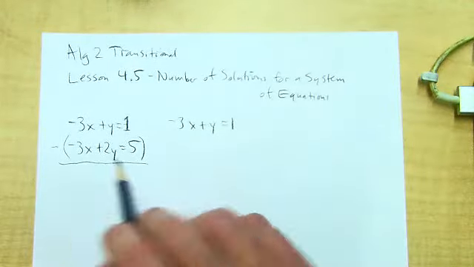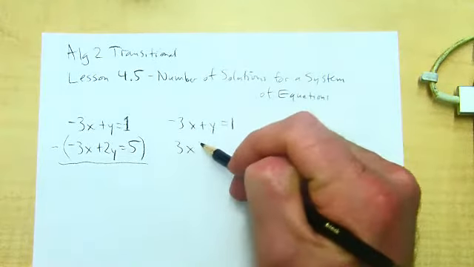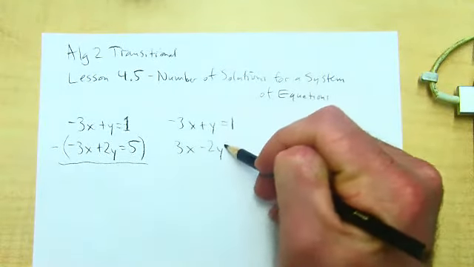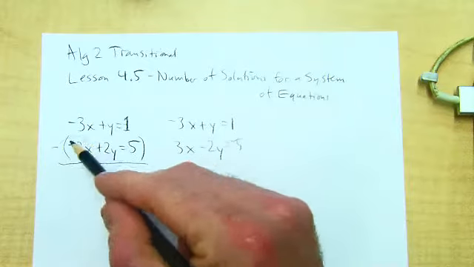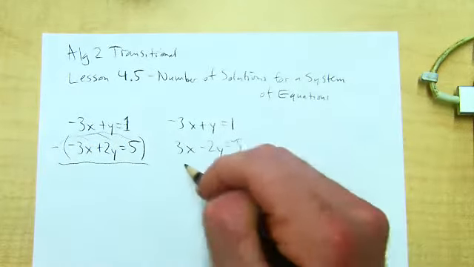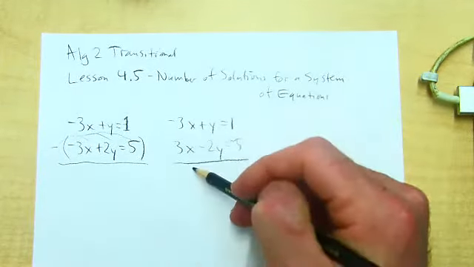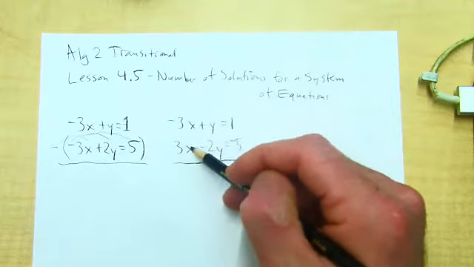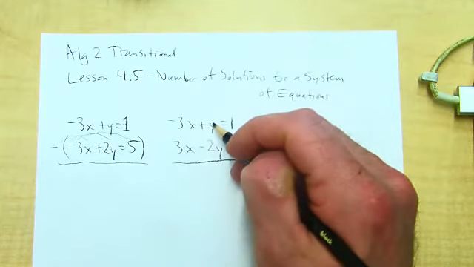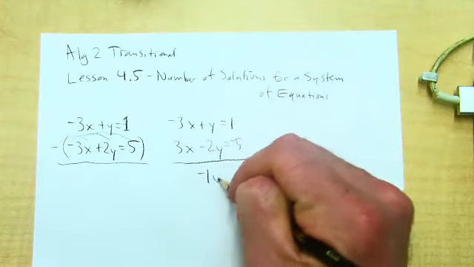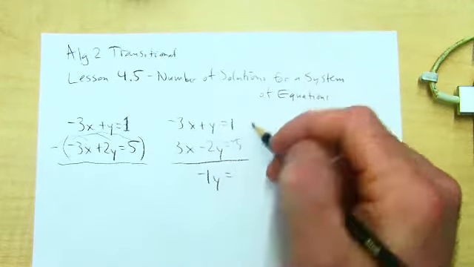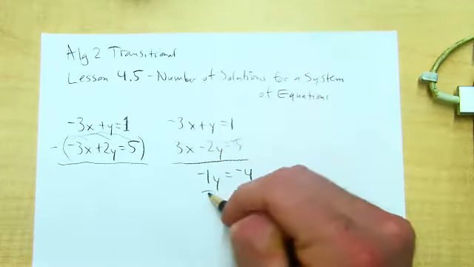This one I'm just going to distribute that negative in. So I've got 3x minus 2y equals negative 5. Make sure you distribute it to all parts there. Because now if I add them, negative 3x plus 3x is 0x, 1y minus 2y, negative 1y, and 1 minus 5, negative 4.